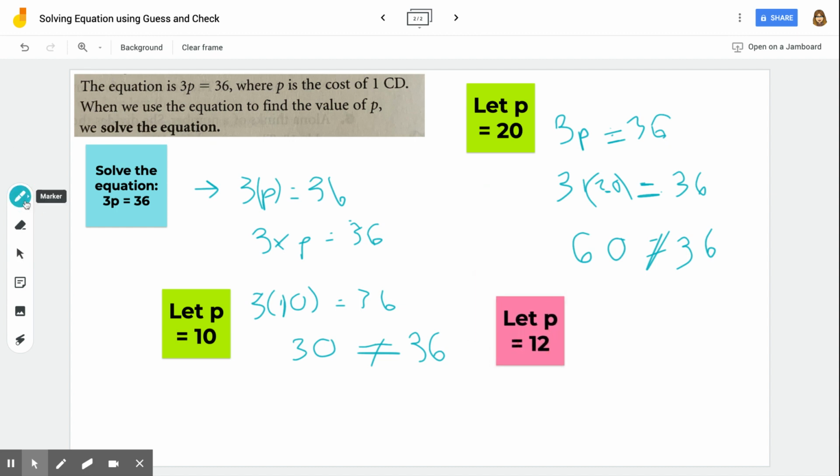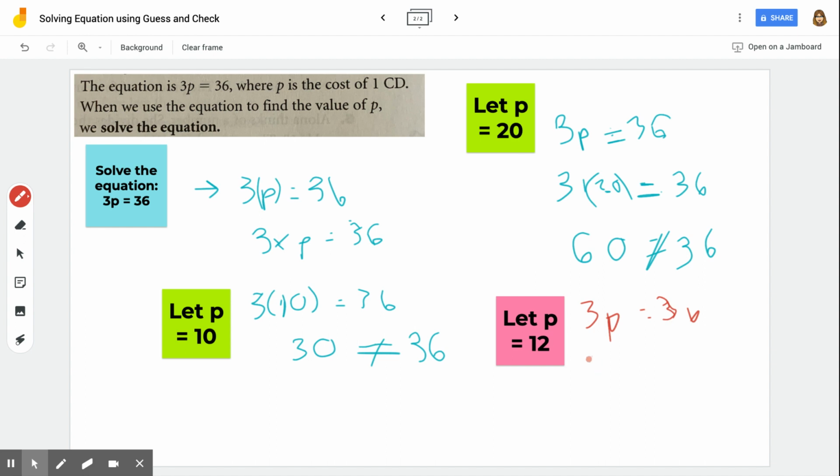So now we have said that we are just going to substitute. Let's try red. So again, my original formula is 3 times p, equals 36.